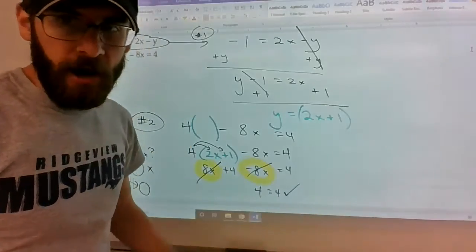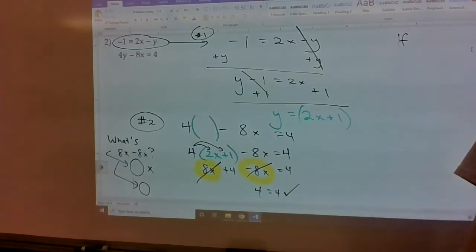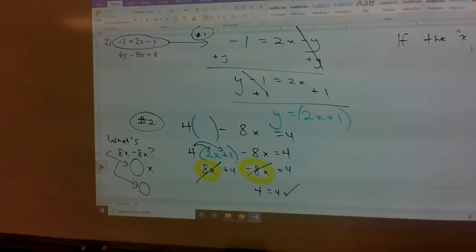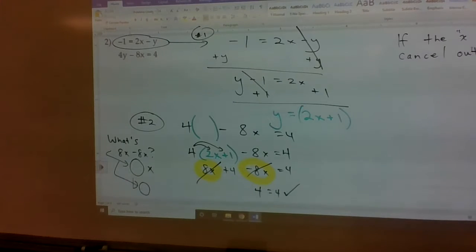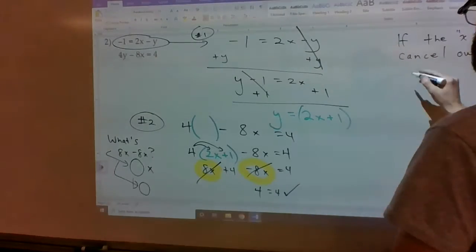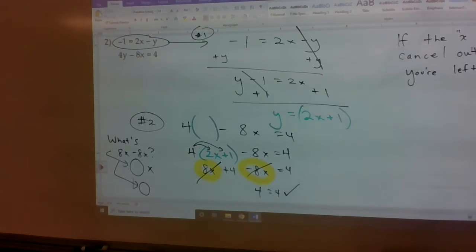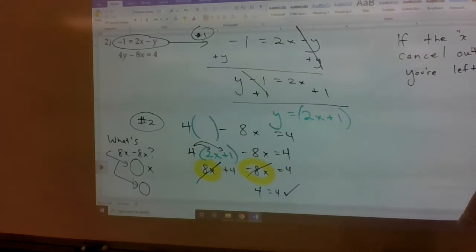If the x's drop out, if the x terms cancel out, and you're left with a true statement right here, 4 equals 4, a true number statement.